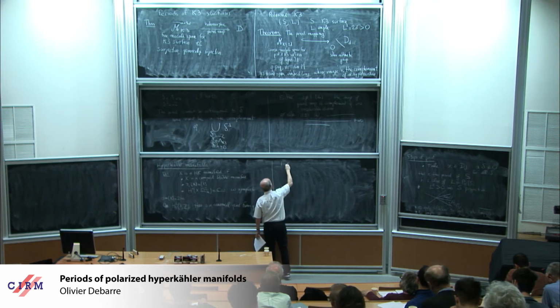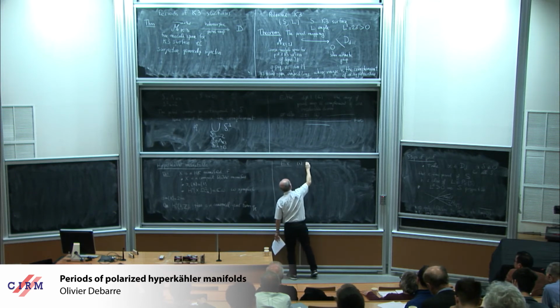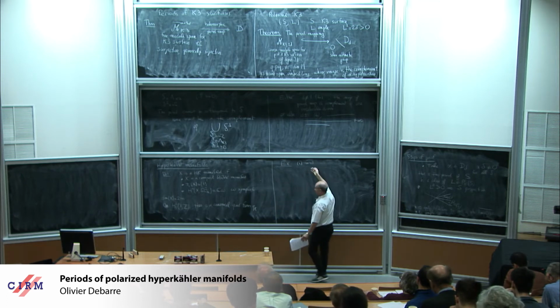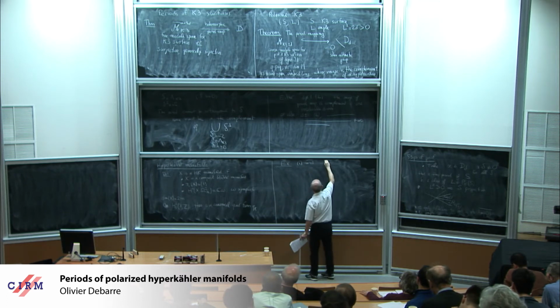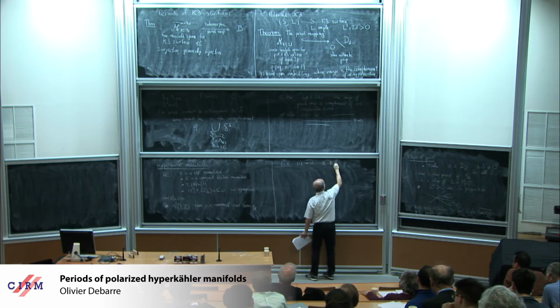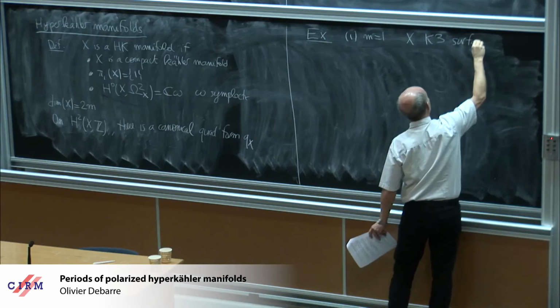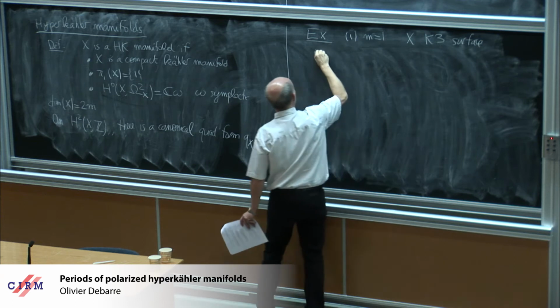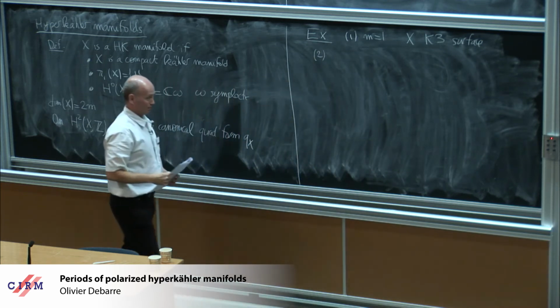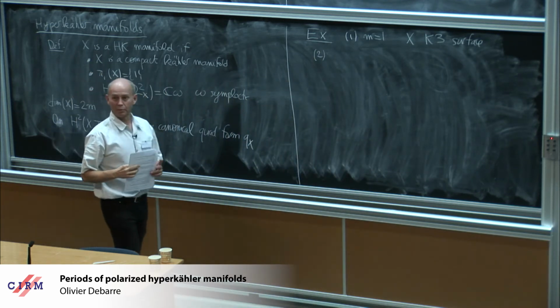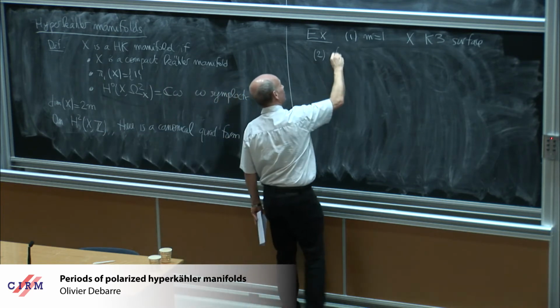So first of all, maybe I'll recall what I said, that when m is equal to 1, a Hyperkähler of dimension 2 is a K3 surface. Okay. Second example is a series of examples which was discovered by Beauville.